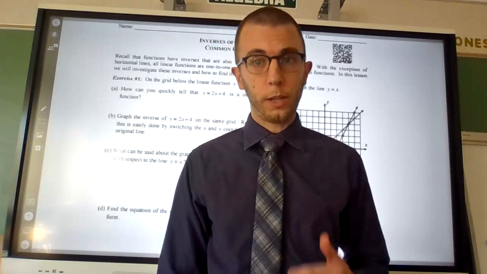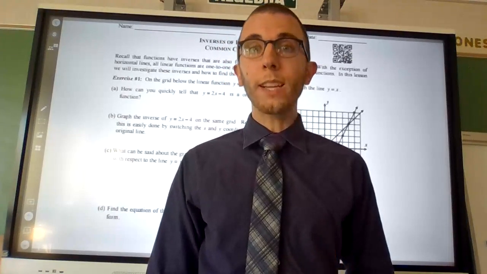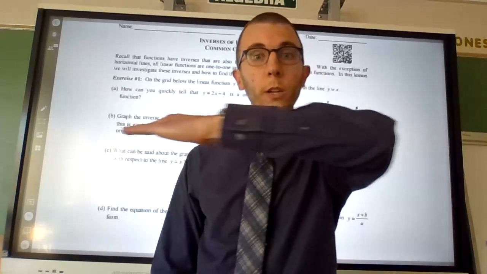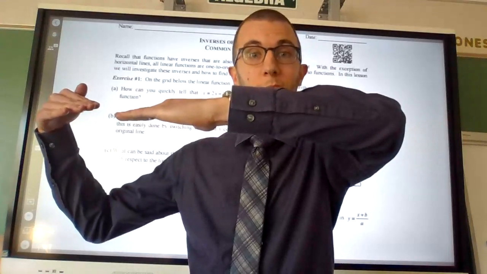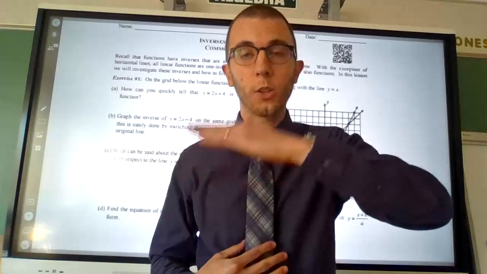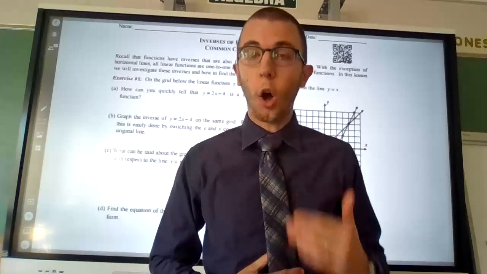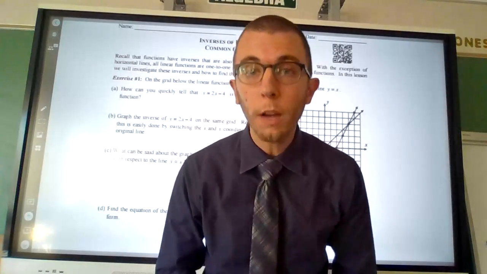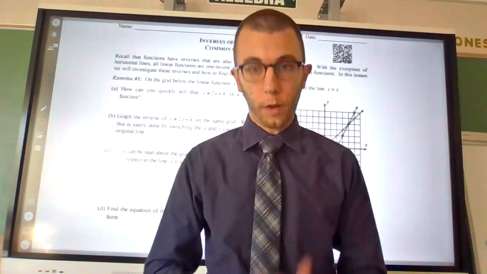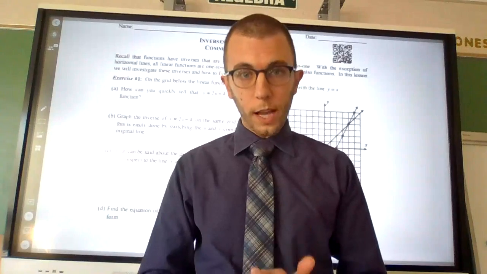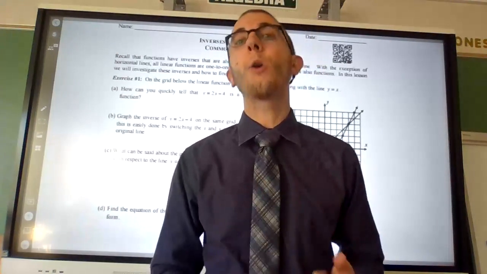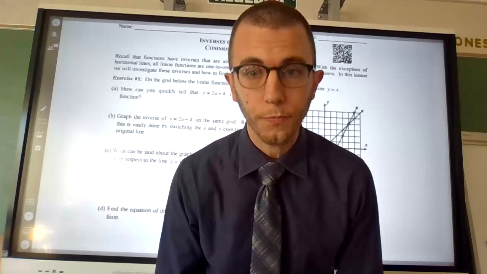With the exception of horizontal lines, which would clearly not be a 1-to-1 function because there's no way it could pass the horizontal line test if it's a horizontal line itself, all linear functions are 1-to-1 functions, thus all of their inverses are also functions. So in this lesson, we are going to be investigating these inverses and how to find their equations.